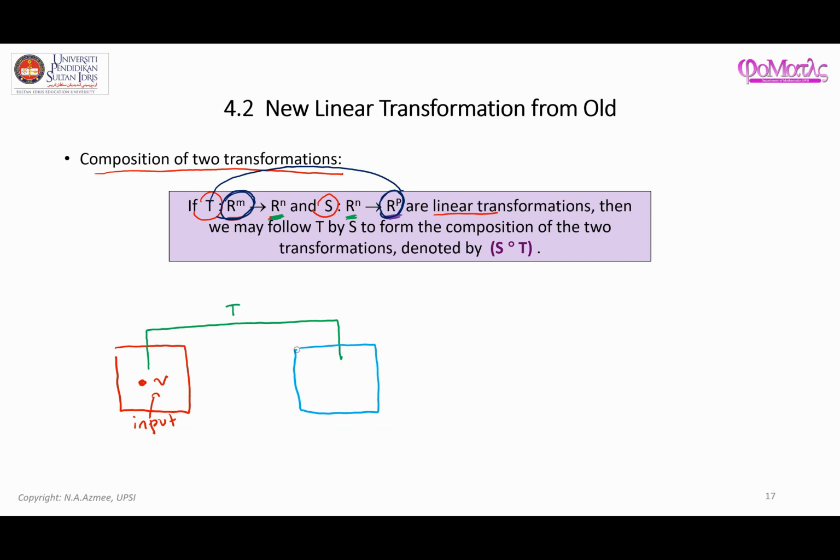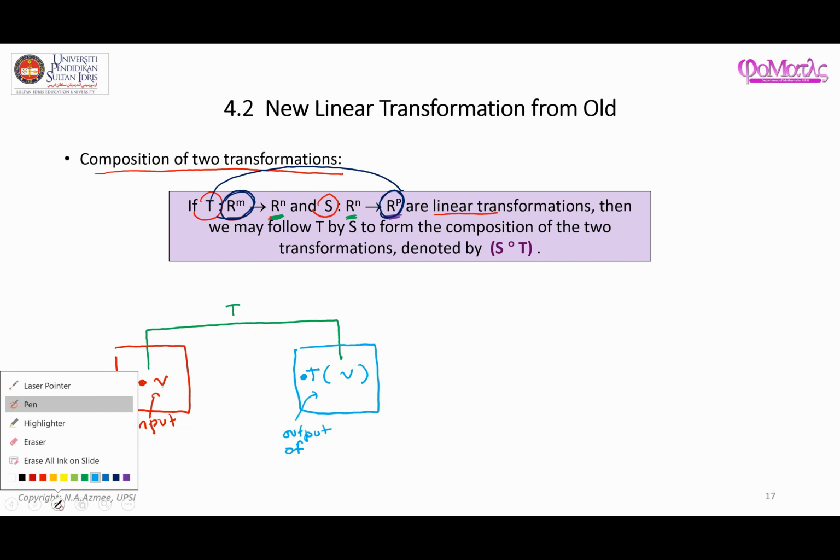So you give this input into this function, you will get the result. Here is actually the output of this function. Let me just write it down as just output.